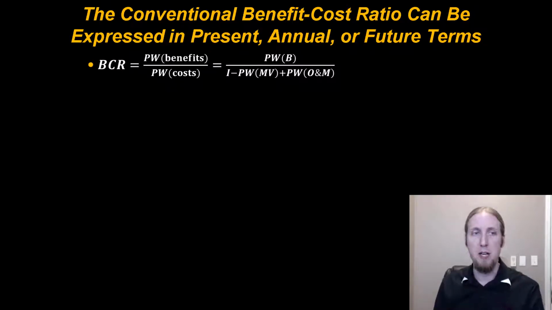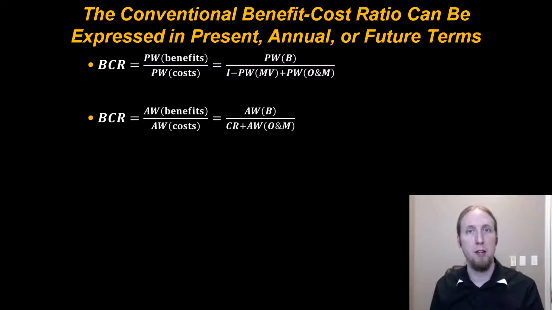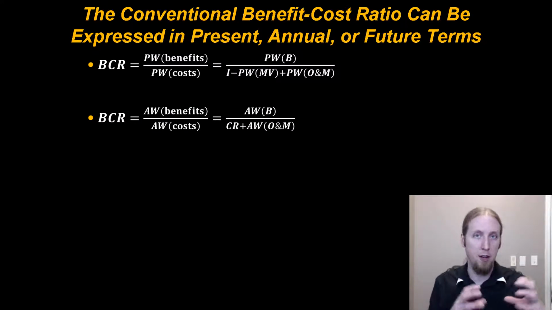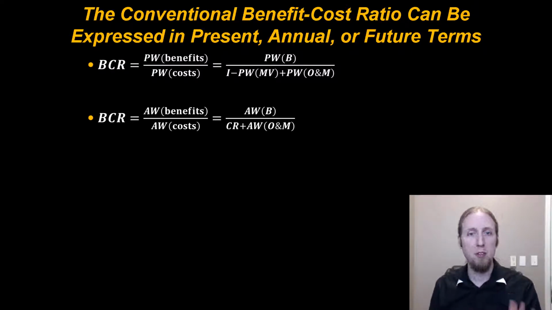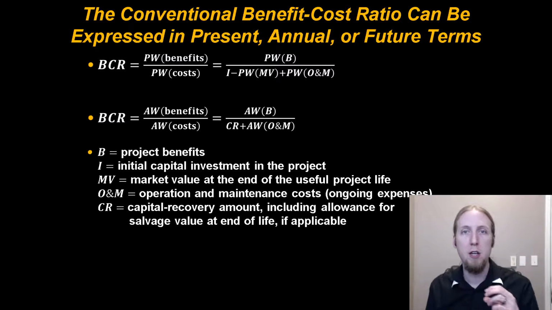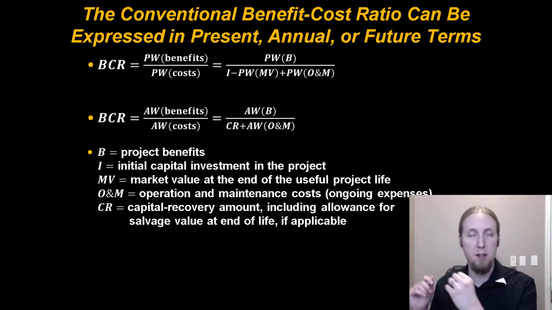If we put this in annual worth terms, you'll see something like this: in the numerator, we've got the annual worth of your benefits, and in the denominator, you've got the capital recovery amount plus the annual worth of your O&M costs. If you remember, the capital recovery amount was basically just the annual worth of the difference between the investment I and the salvage value at the end of life.